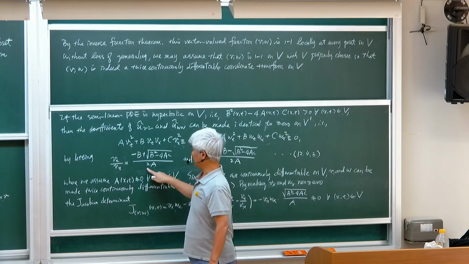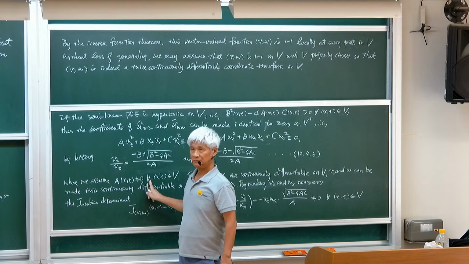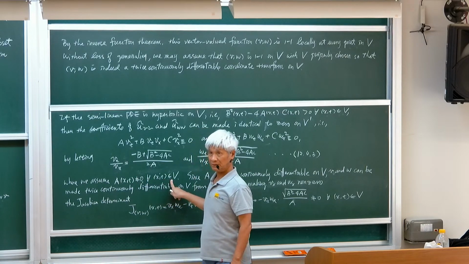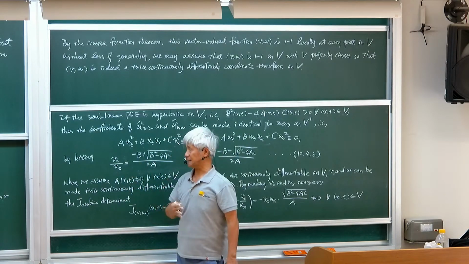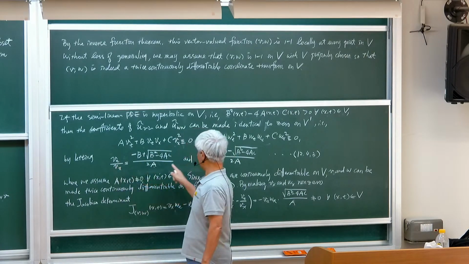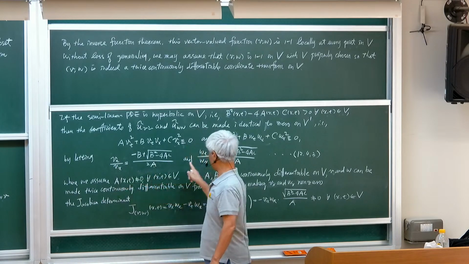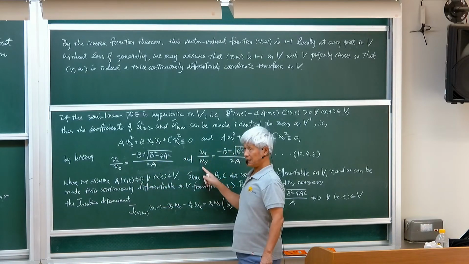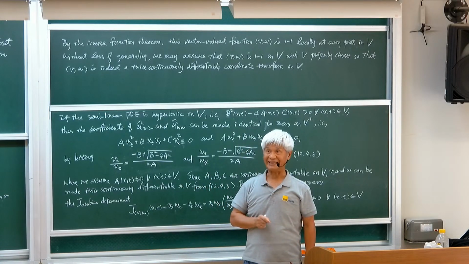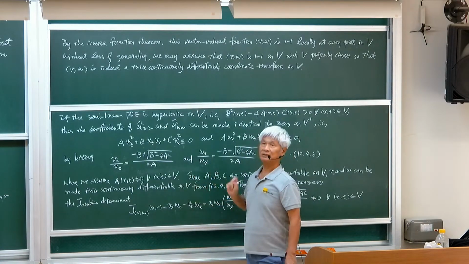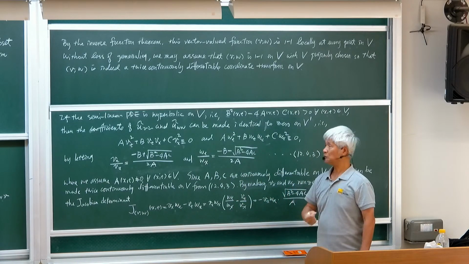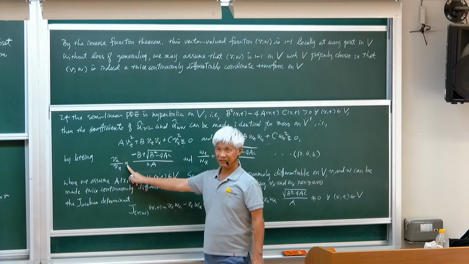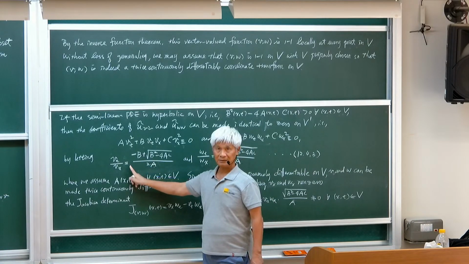Just like we assume A should be non-zero for all the points in V. So when we write down this way, we purposely want V_x and W_x both non-zero at every point in V. So this is our intention. Otherwise, we have no confidence to write down this equation here.